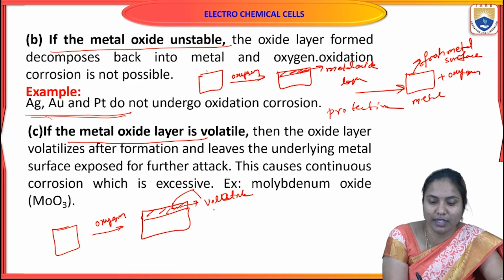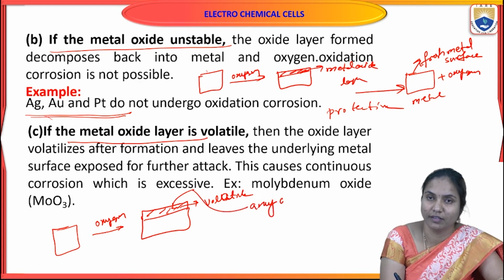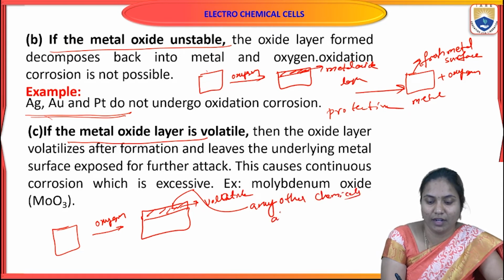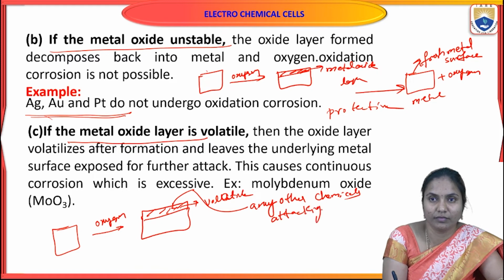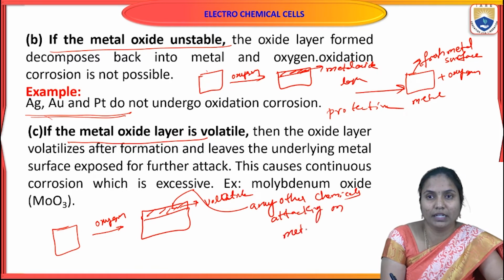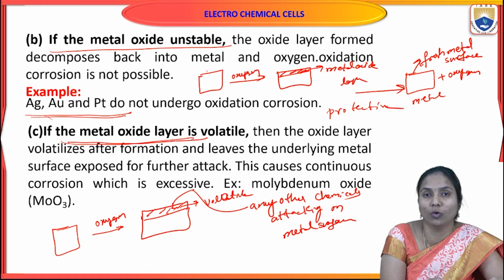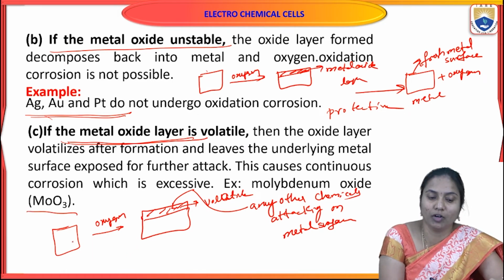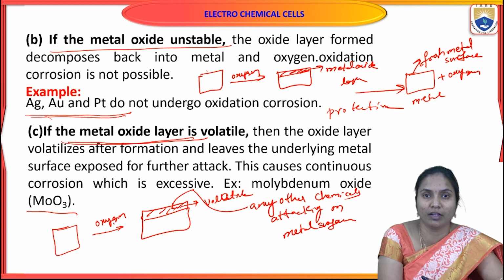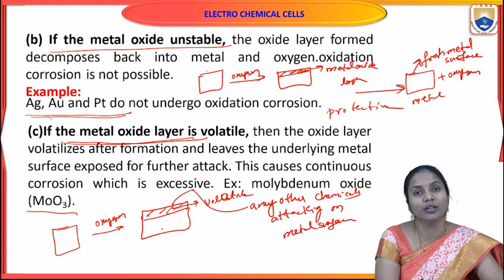So in this case, any other chemicals attack the metal surface. For example, if the metal oxide layer is volatile, here we are taking molybdenum oxide. When molybdenum metal interacts with atmospheric oxygen, it forms a molybdenum oxide layer, but it is volatile.